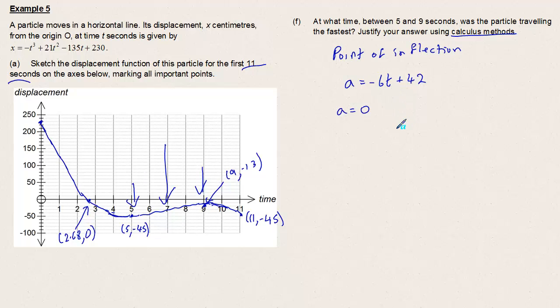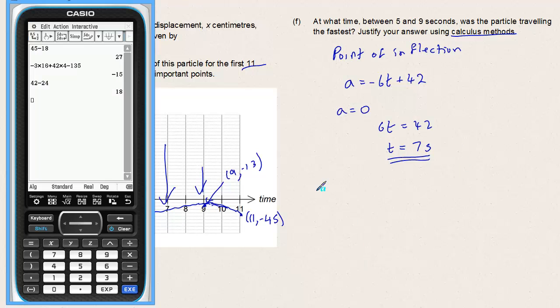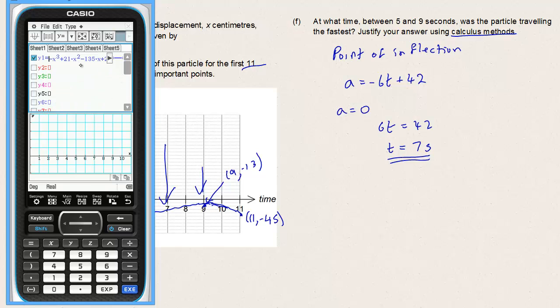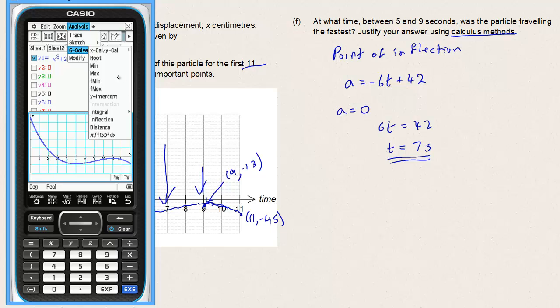The second derivative is 0, giving us 6t = 42. So t is 7 seconds. And of course we could find that from the calculator. So if we go back to the graph and table, we need to plot the graph again. And then analysis, G-Solve, and it wants an inflection point, which we find is at 7.